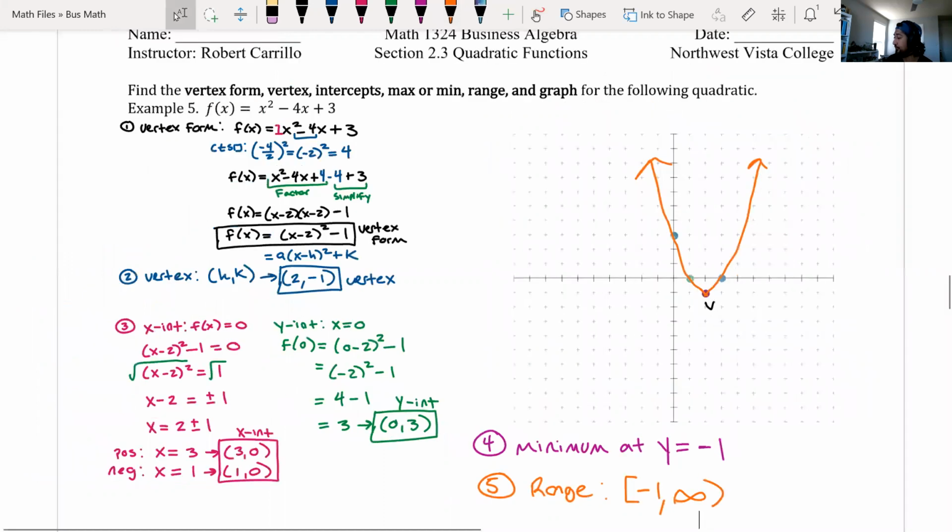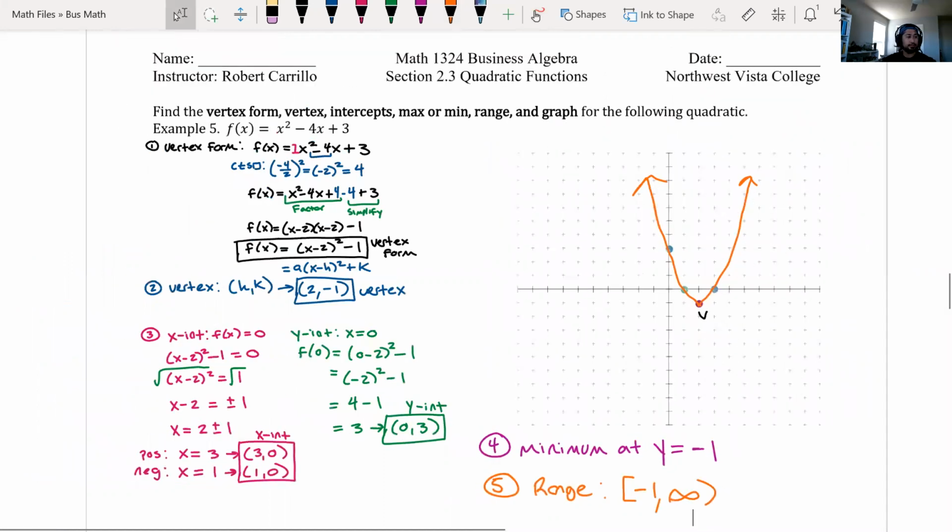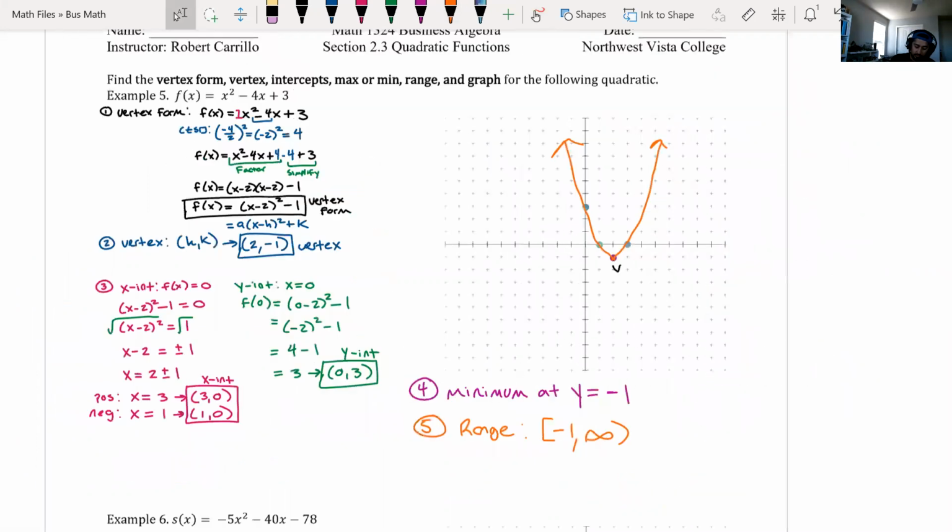There's all the pieces. It's definitely a process, right? Lots of steps. But once you get that vertex form, everything kind of falls into place after that.